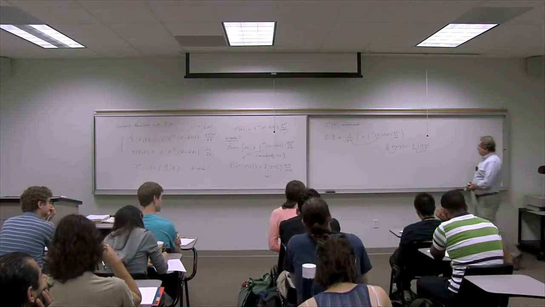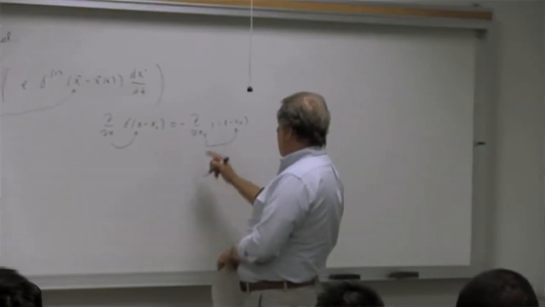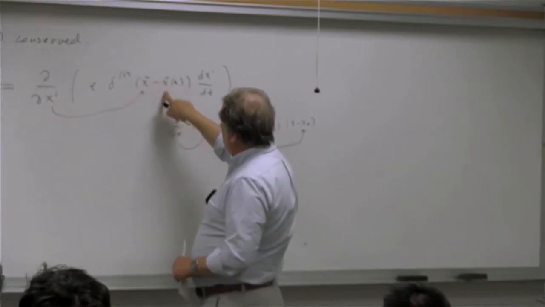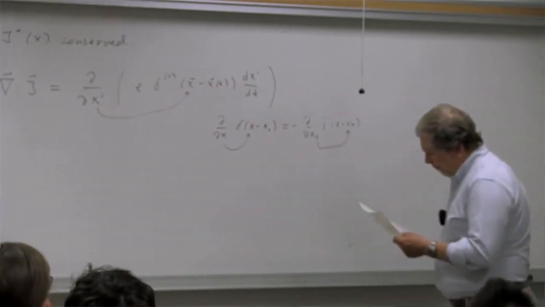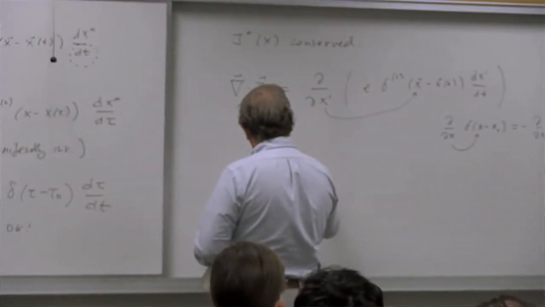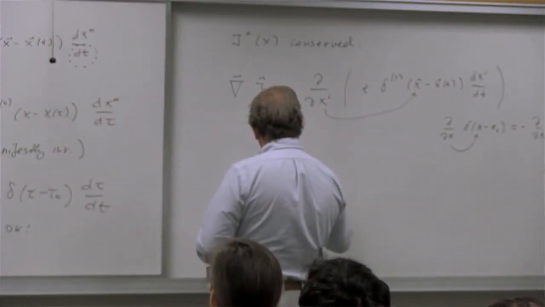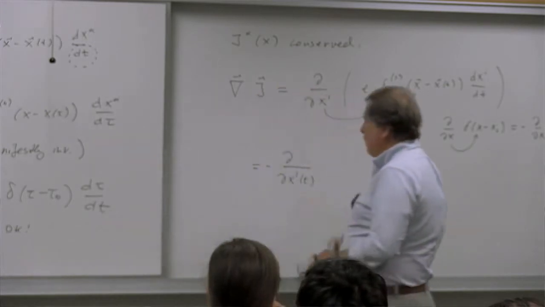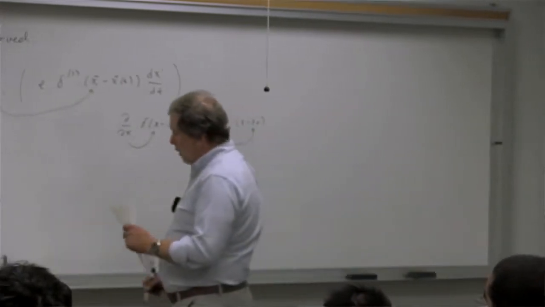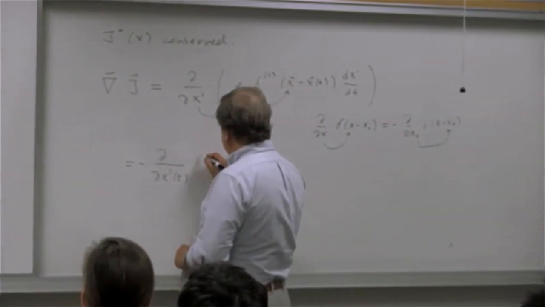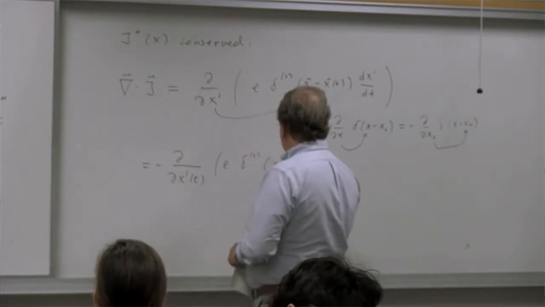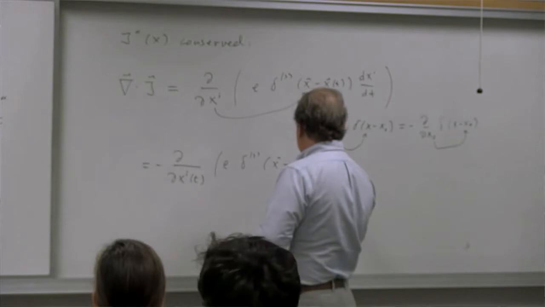So you can transfer the derivative on one or the other thing. So we can rewrite this as minus the derivative with respect to xi of t, so we make that explicit, so we know what the derivative is with respect to, of e times delta 3 of x minus x of t, as before.